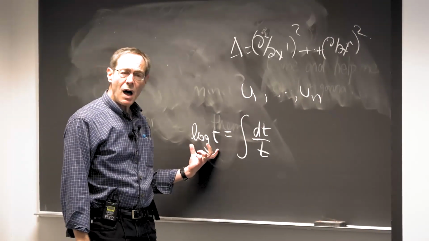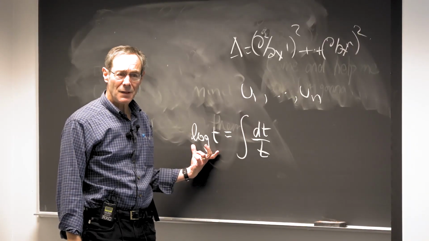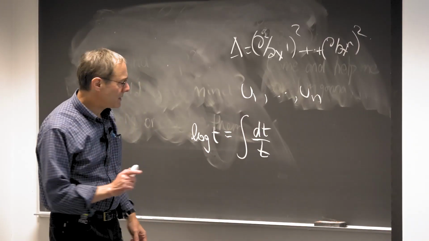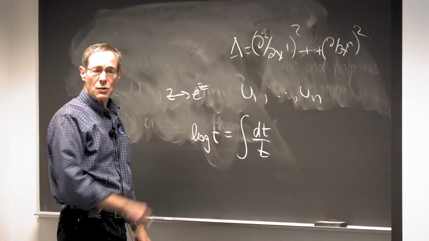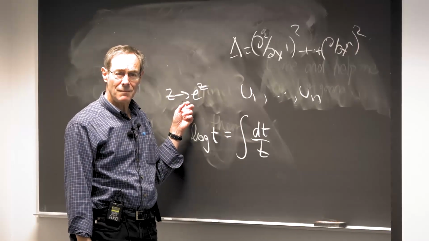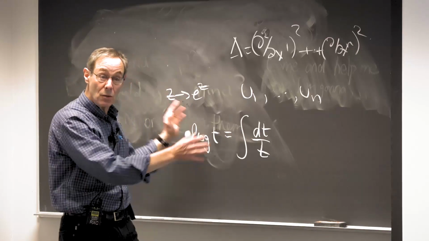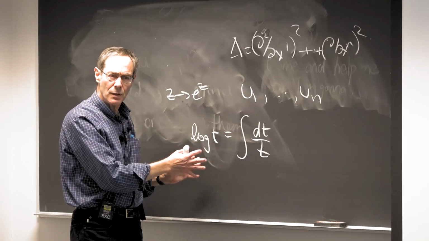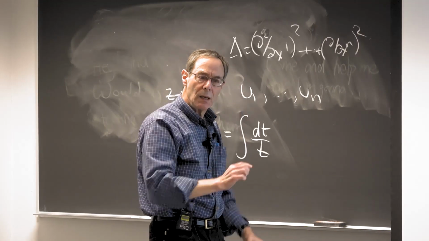And this function bothered them tremendously because it's multi-valued. Okay? So maybe it's a better idea to consider the function which is the inverse function of this. And that turns out to be an entire function. Okay? And then you study the periodicity of this, which is very interesting, and you get the full understanding of what the logarithm does.